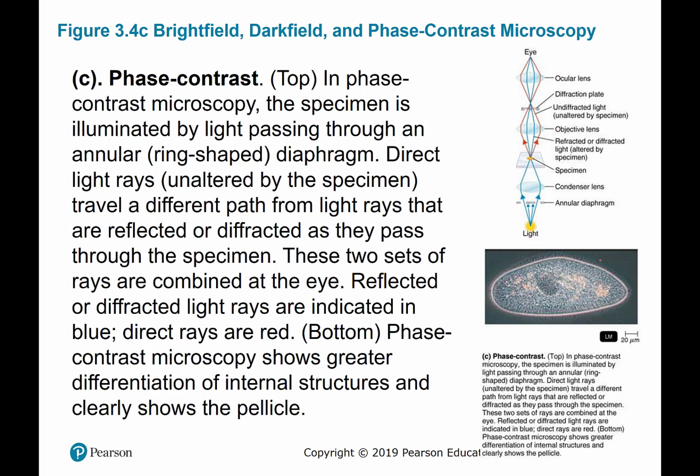So you will have a dark background, a brightly lit specimen. And so that direct light and diffracted light are brought together. And so the light areas are in phase. The gray or black areas are out of phase, hence phase contrast.